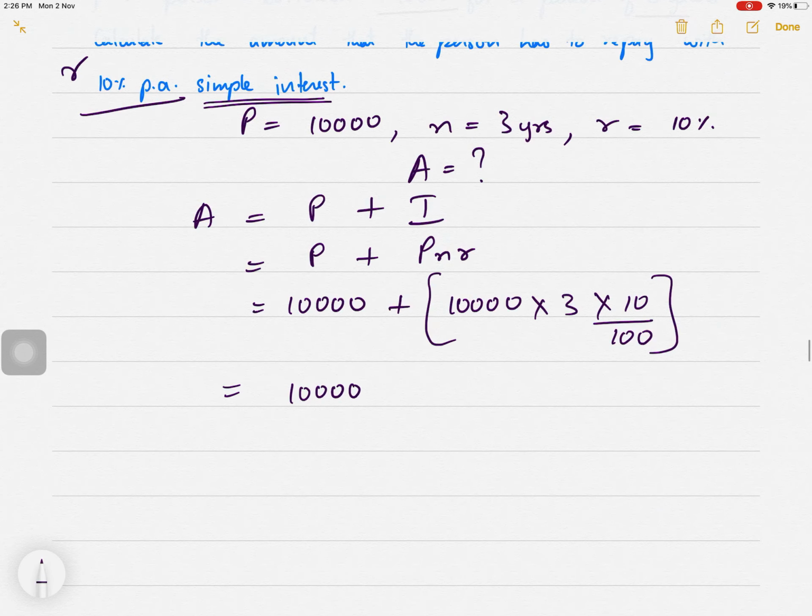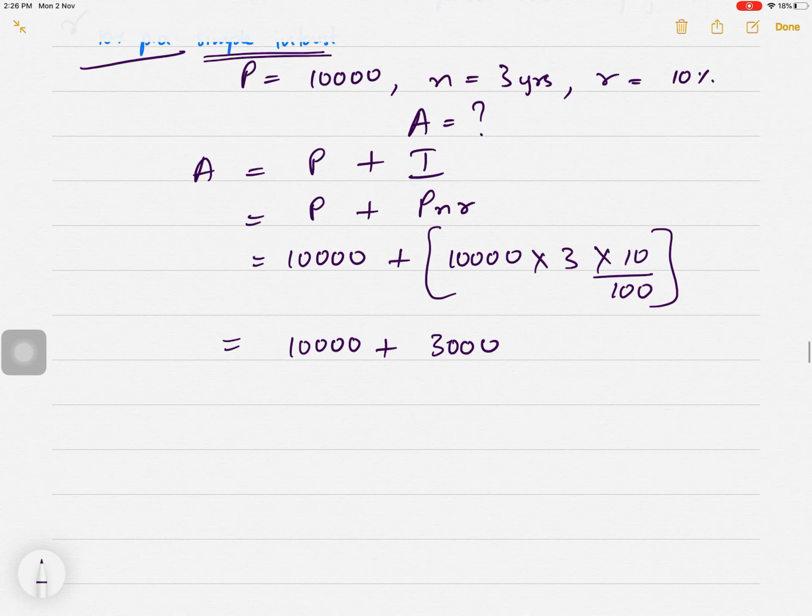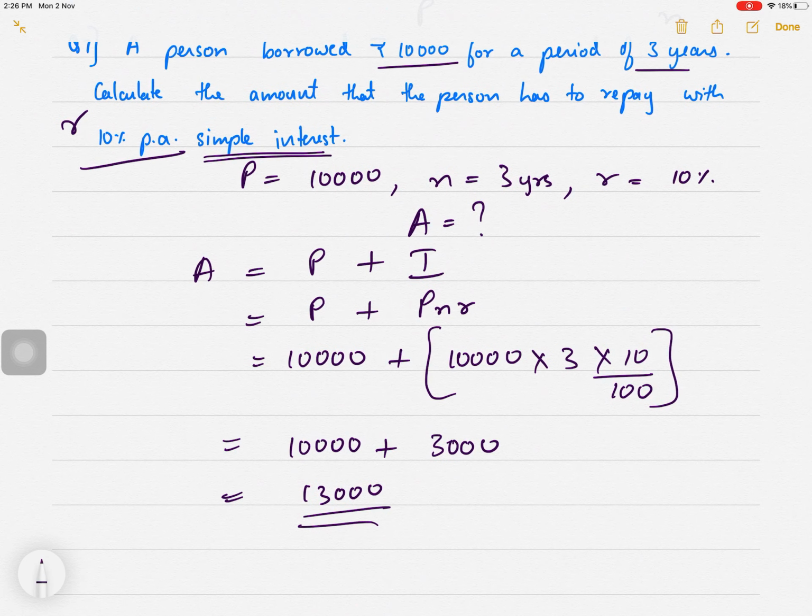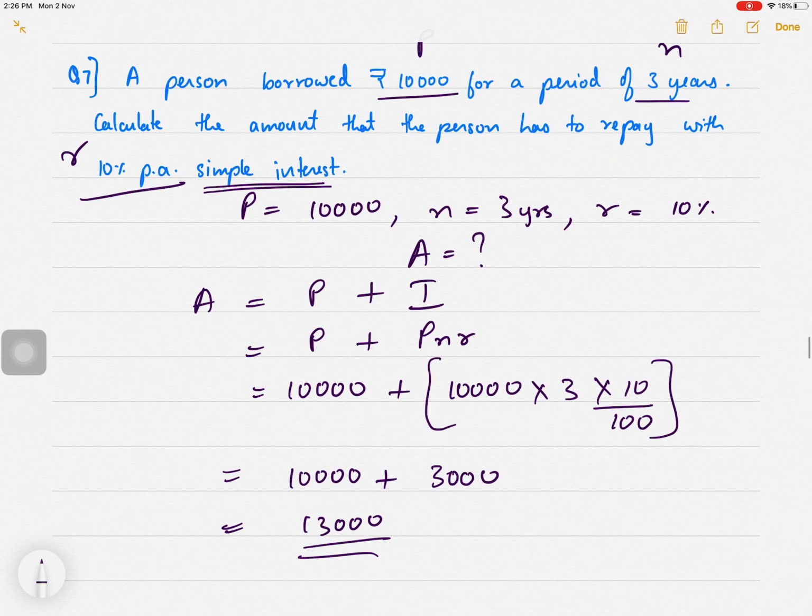So 10,000 plus 10,000 into 3 into 10%, it comes to 3,000, so 13,000. Okay, so 13,000 has to be returned.